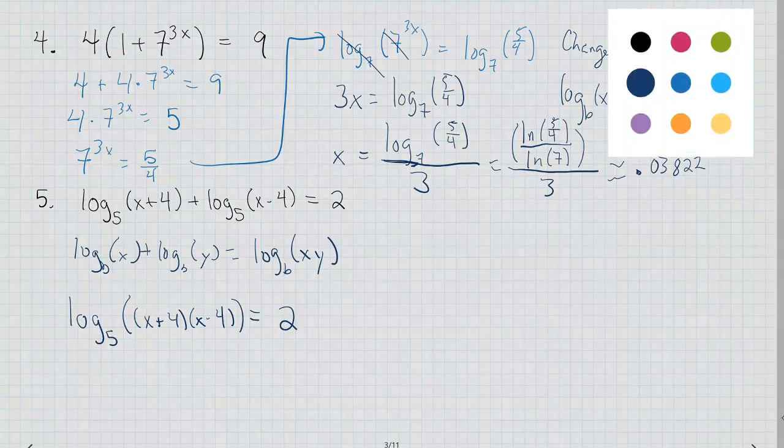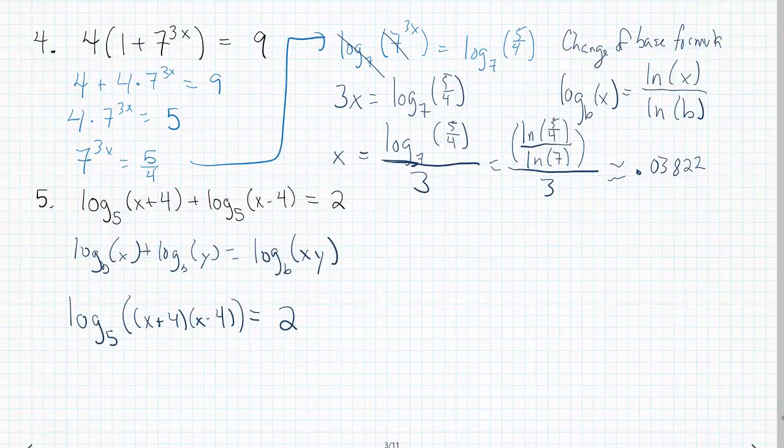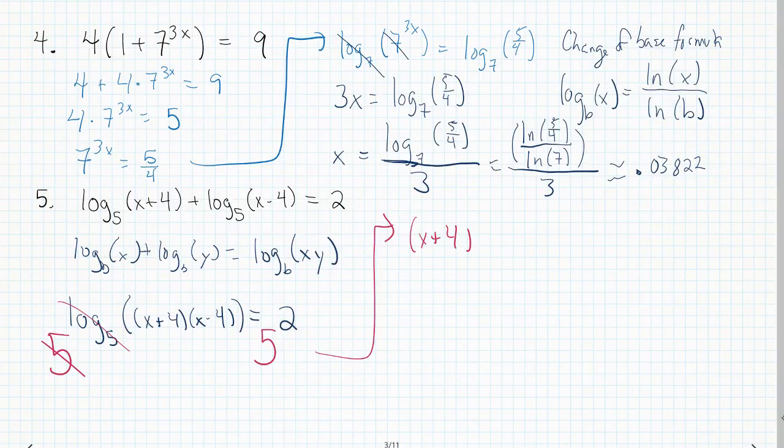So now we could use just the definition of logarithms to go from here, or we can use the properties that we've been using. We see a 5 as the base. You can put a 5 down below as the base of both of those. That'll cause the logarithms to cancel. And so we're left with the quantity x plus 4 times the quantity x minus 4 equals 5 squared, which is just 25.